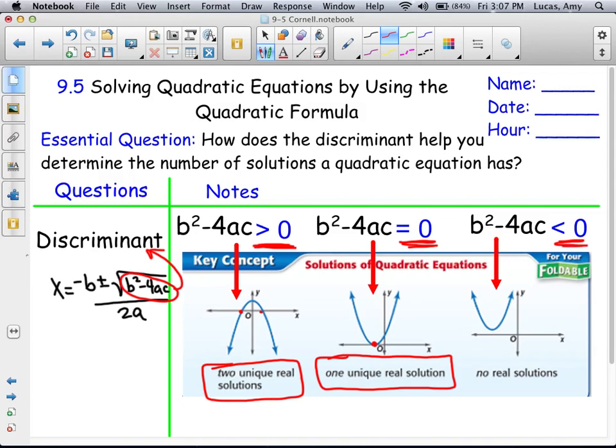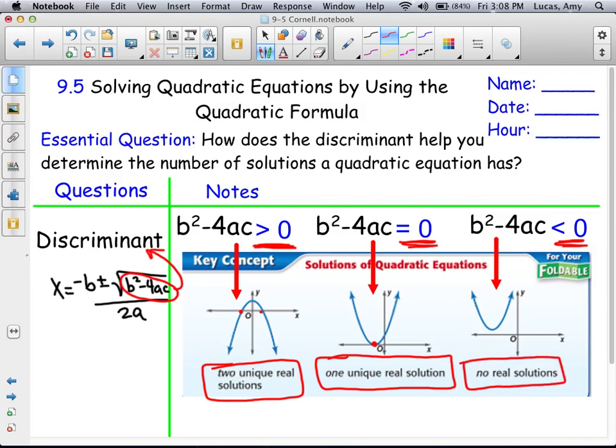The third situation is when the discriminant is a number less than 0, which means a negative number. Because the discriminant is under a square root, and we cannot take the square root of a negative number, it should make sense that there will be no real solutions.